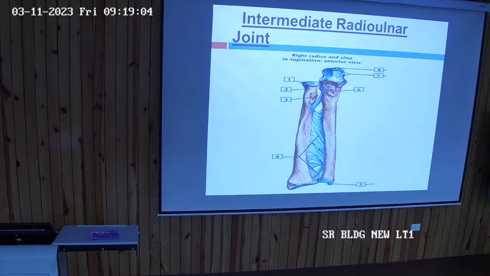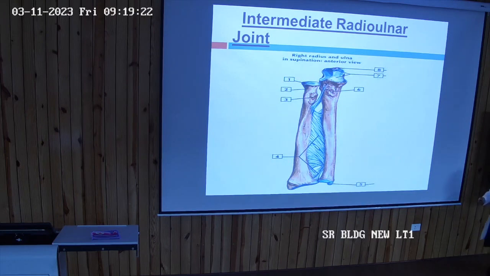Now the third and the most important function, anyone? It is transmission of body weight, from the radius to the ulna. As we have discussed just now, the ulna does not participate in the formation of the wrist joint.